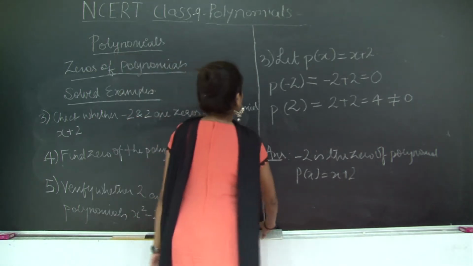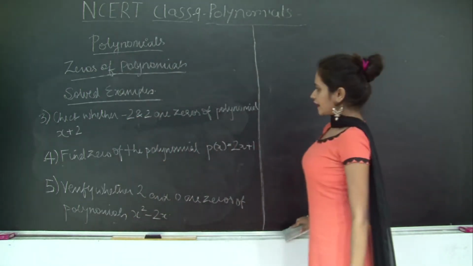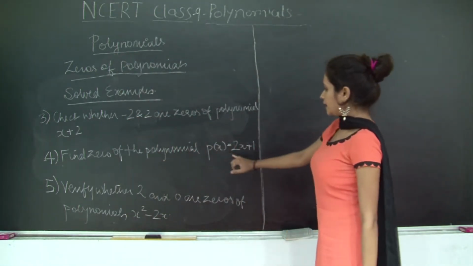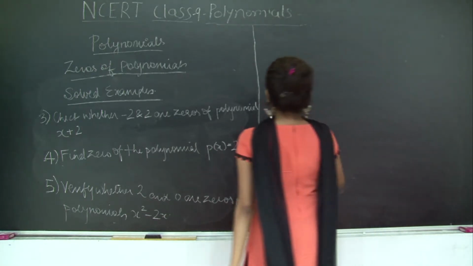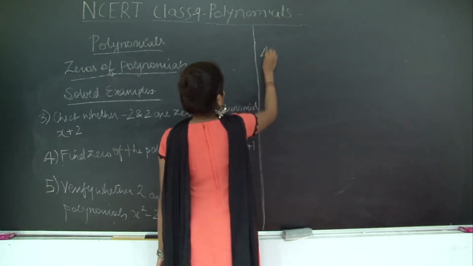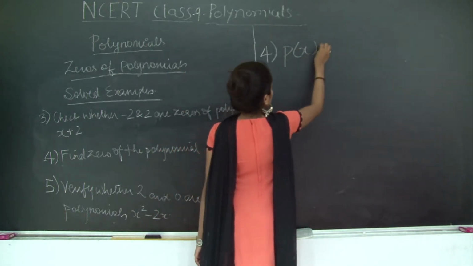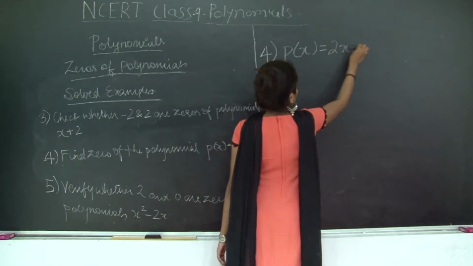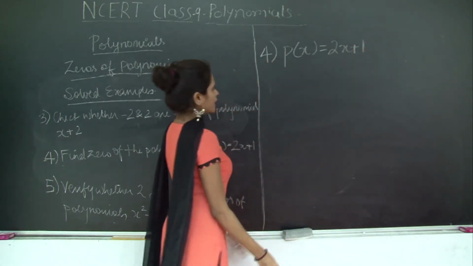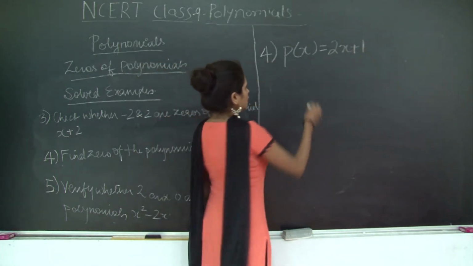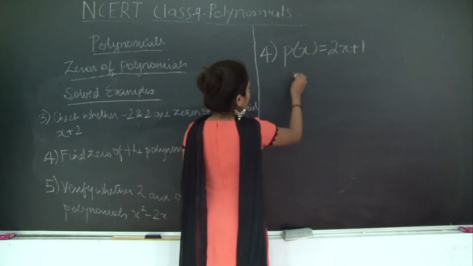Let's go ahead and solve the fourth example. Find the zero of the polynomial p(x) is equal to 2x plus 1. They have already defined the polynomial for us, that is p(x) is equal to 2x plus 1. We need to find the zero of the polynomial. How are we going to find it?